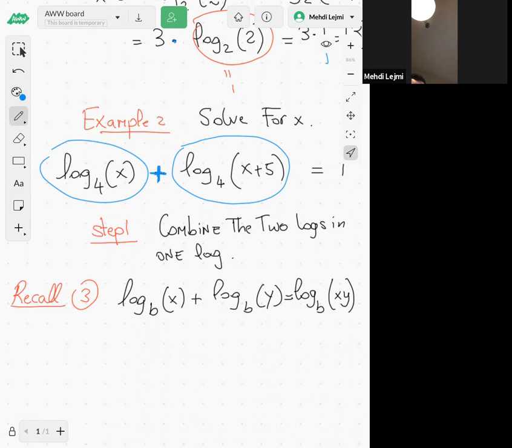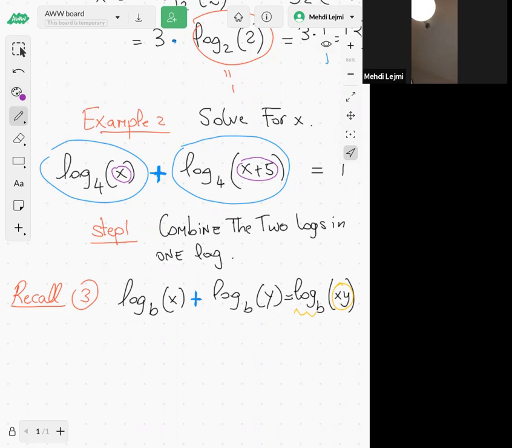If you have the sum of two logs, you can combine the two logs in one log, and that will be the log of the product. So you have to multiply what's inside the log. So we have to multiply this x by this x plus 5.